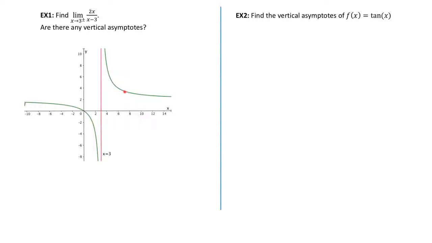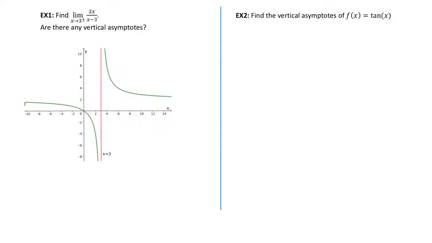As x approaches 3 from the right, you notice how the graph goes off to positive infinity, which is exactly what we concluded a few minutes ago. And as x approaches 3 from the left, then the graph goes off towards negative infinity.